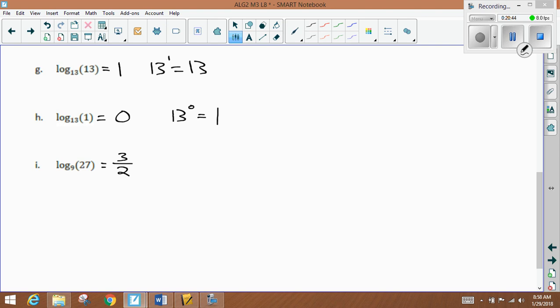That's how we would raise something to the 3/2 power if we wanted to take the square root and then cube it, right? Let's write that down real quick. 9 to the 3/2 power is equal to 27. Why? Because I can write this as the square root of 9.